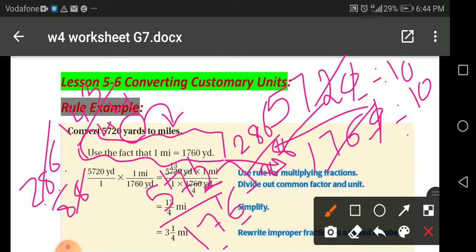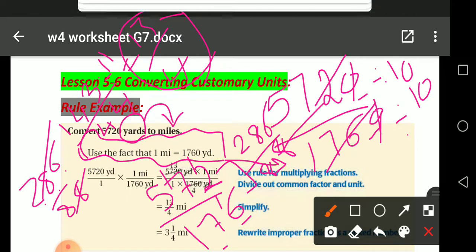So I have 143 over 44. Divided by 11 gives me 4, and divided by 11 gives me 13. So I have 13 over 4 miles.